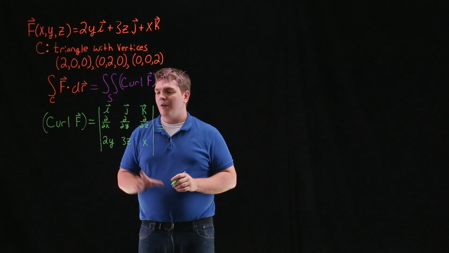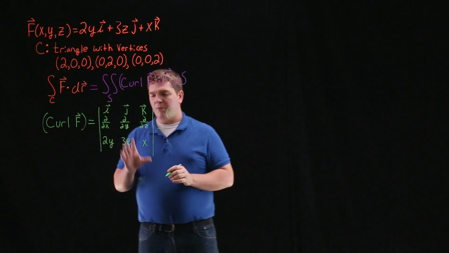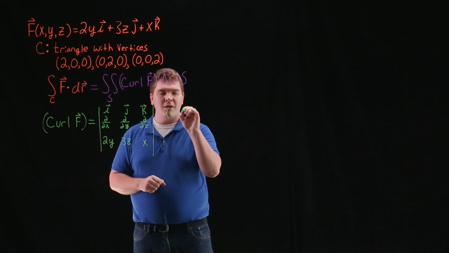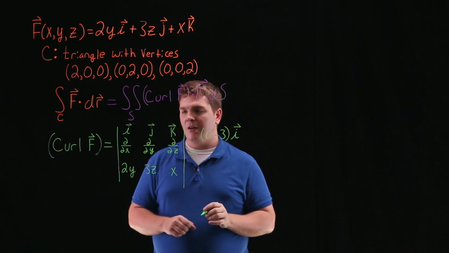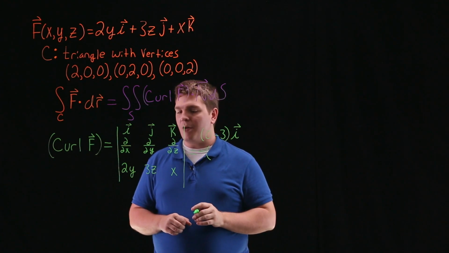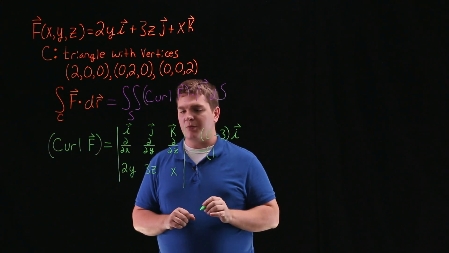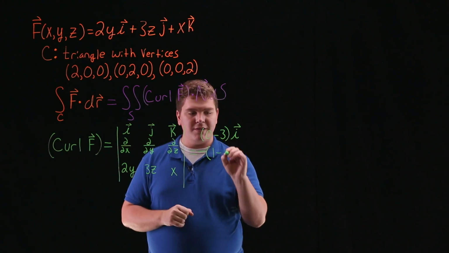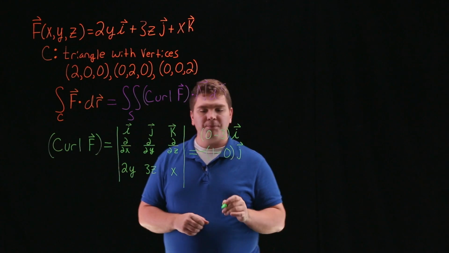Now we can write out the curl. For the i part, we have the partial derivative of x with respect to y, which is 0, minus the partial derivative of 3z with respect to z, which is 3, multiplied by i. For the j part, we subtract the partial derivative of x with respect to x, which is 1, minus the partial derivative of 2y with respect to z, which is 0, multiplied by j.